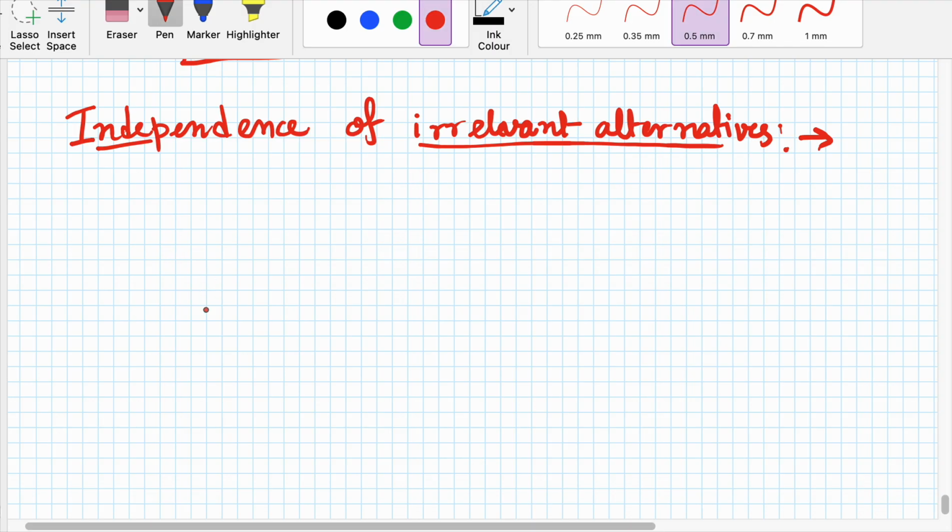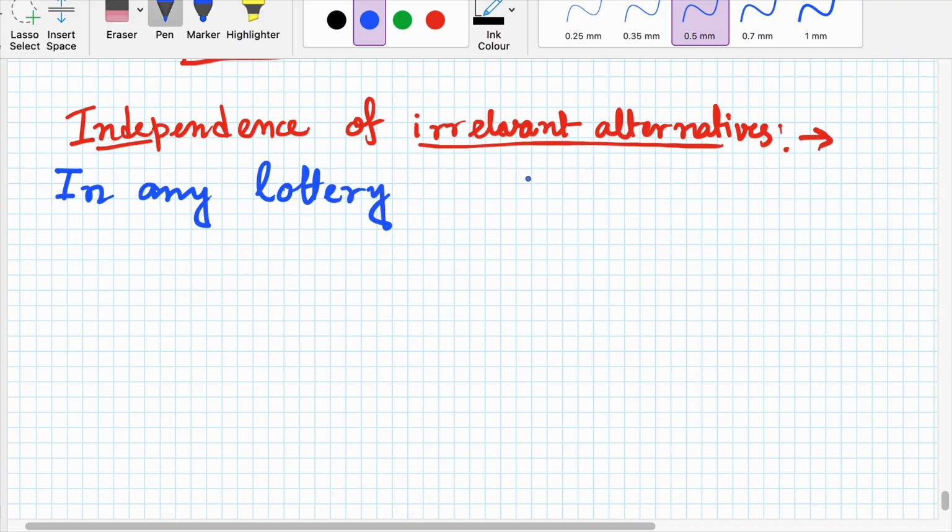Now what does this mean? It means something very simple. In any lottery L, AI is substitutable for AI tilde, that lottery that we discussed in the continuity axiom.